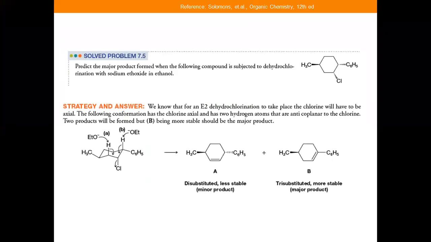So elimination reaction actually is very simple to follow. You just have to know what is your base, what is your proton to be abstracted, and you always go with your arrow and you can easily determine where the double bond will be.